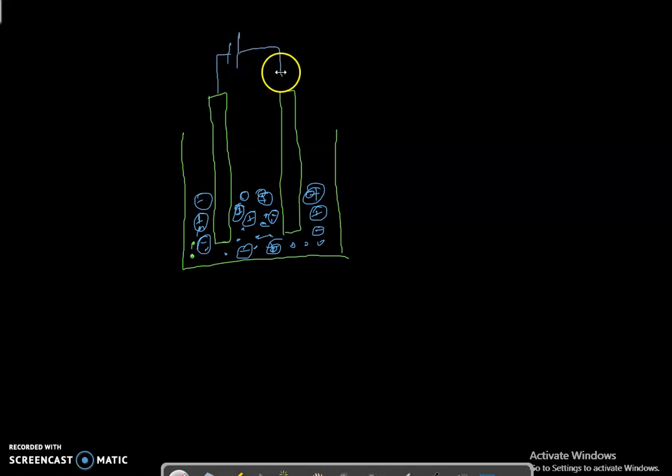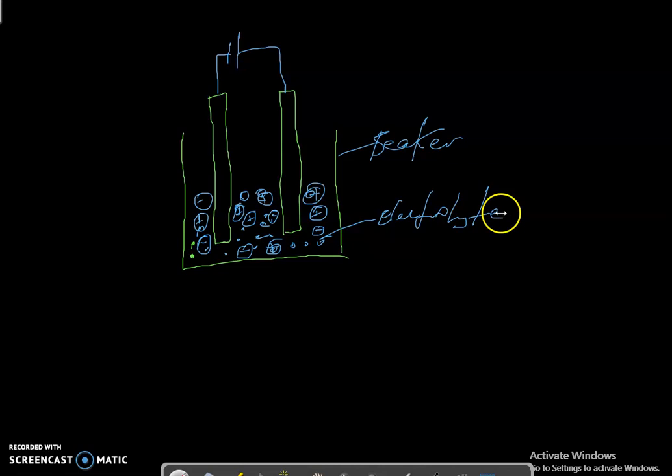Now we connect the electrodes to our cell, which is normally a battery. So our cell is connected to our electrodes. We have our beaker here, the solution is the electrolyte, and these two are the electrodes. If you look at the cell, we connect the negative terminal to the negative electrode, which is the cathode.